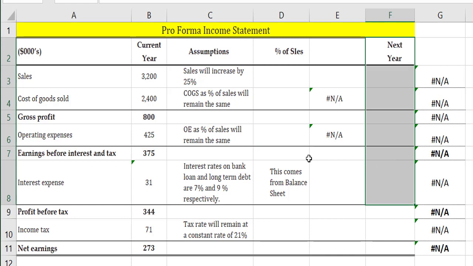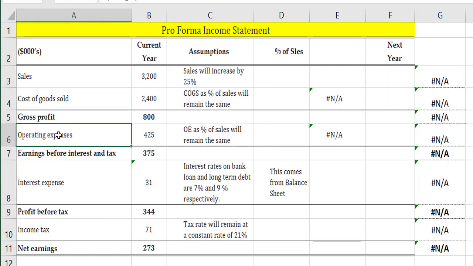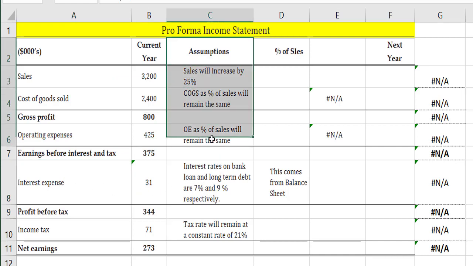There are two types of items on an income statement: items that change automatically with sales, such as cost of goods sold and operating expenses, and items that do not change automatically with sales, such as interest expenses. Based on the type of item, we make assumptions for projection. I have relisted our assumptions here in column C.